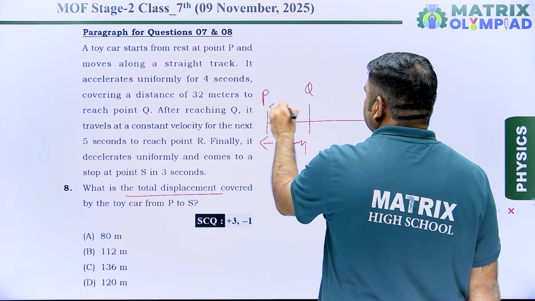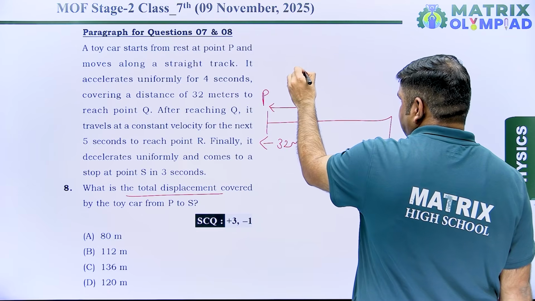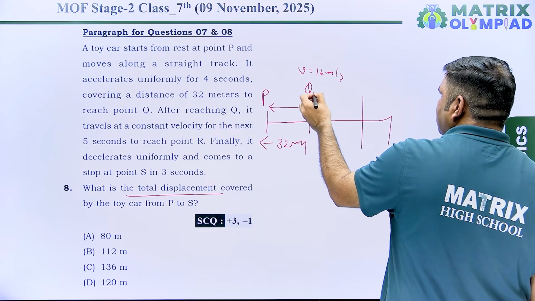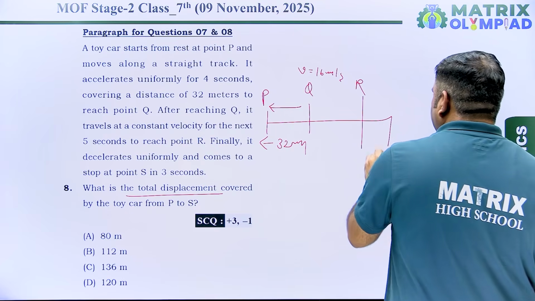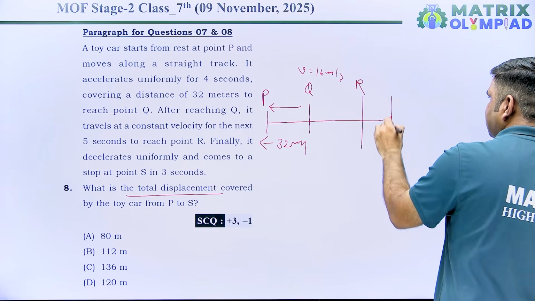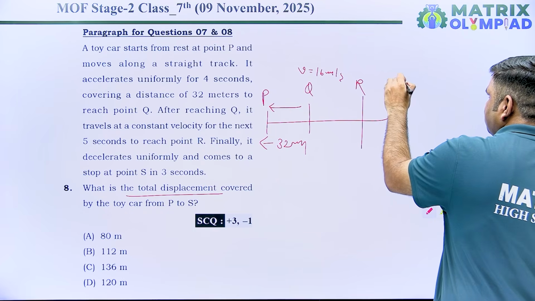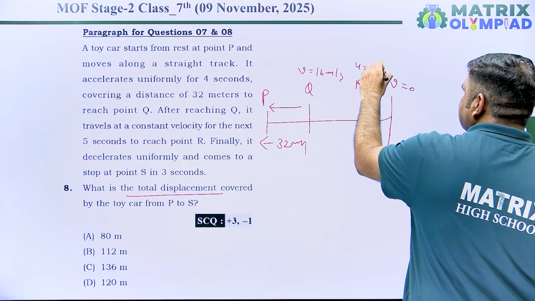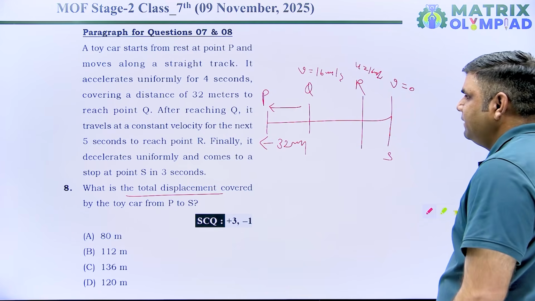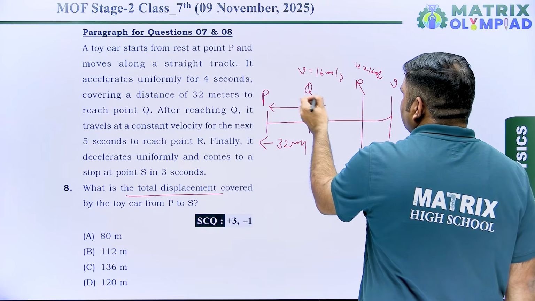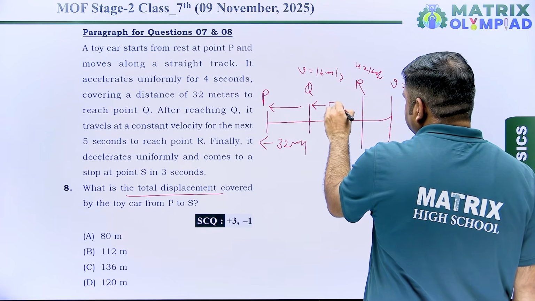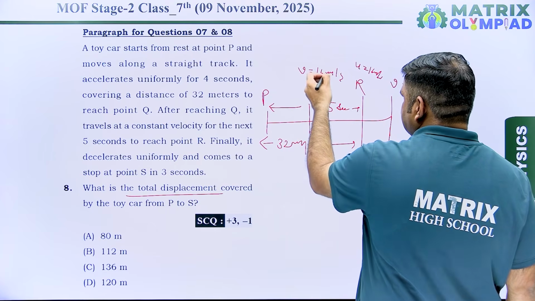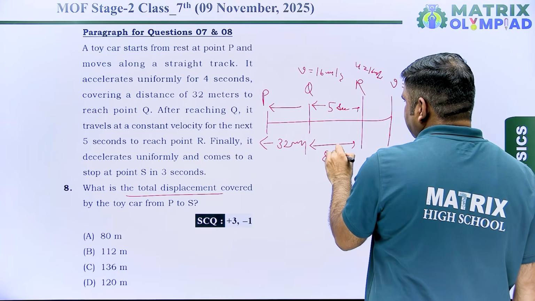And we have calculated that the velocity is 16 meter per second from Q to R. And finally, it comes to rest at point S. So final velocity is 0, and initial velocity is 16 meter per second for interval R to S. From Q to R, it takes 5 seconds. The velocity is constant, so we can directly calculate the displacement. 16 into 5 is 80 meters.